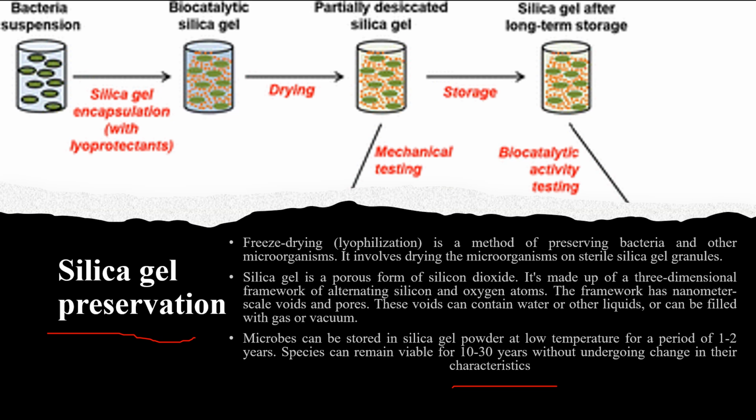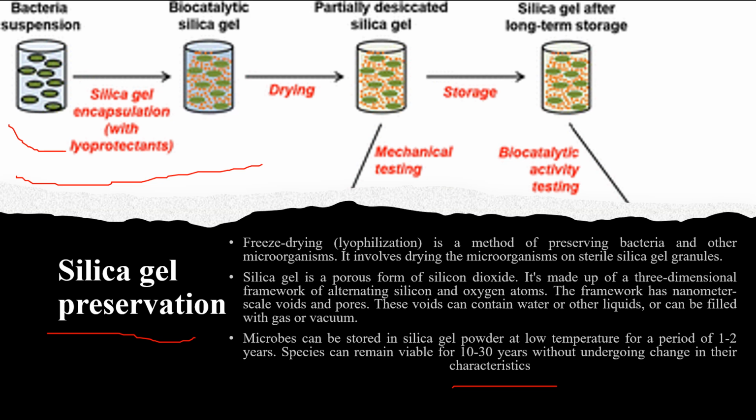As you can see, this is the protocol or the procedure for how we can preserve our microbial cells using silica gel beads. This is the bacterial suspension. In this, silica gel is added with lyoprotectants. Lyoprotectants are those agents which help in the preservation of microbial cells in a harsh or freezing environment.